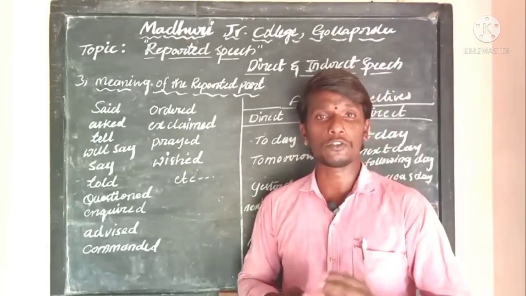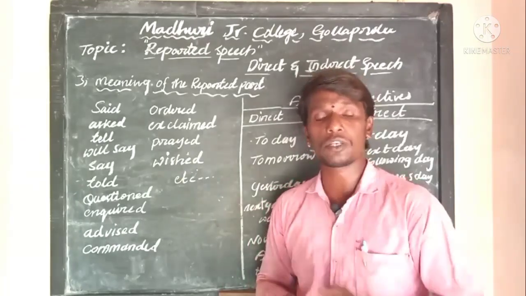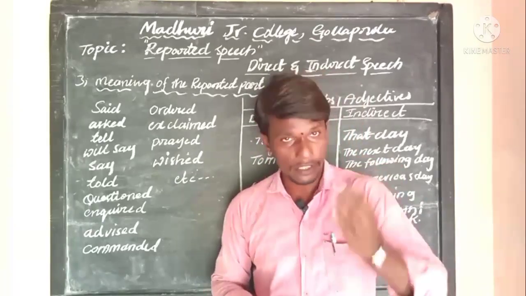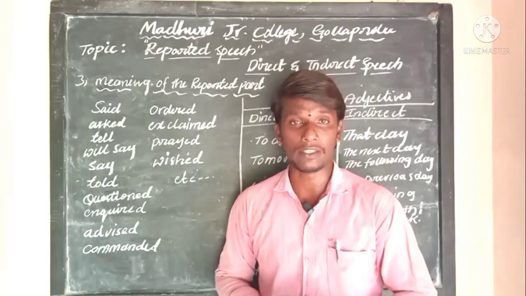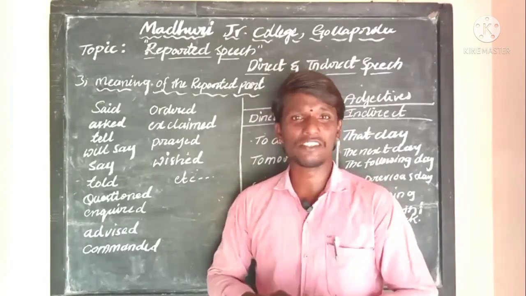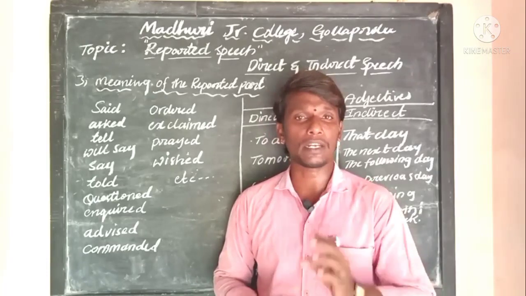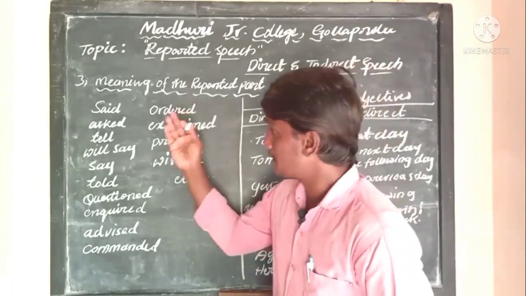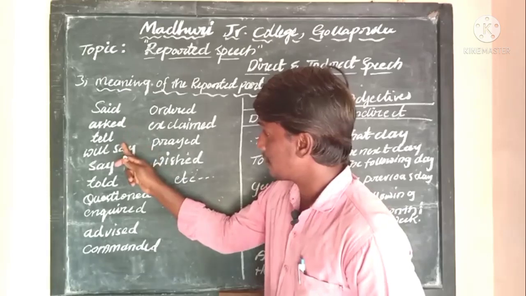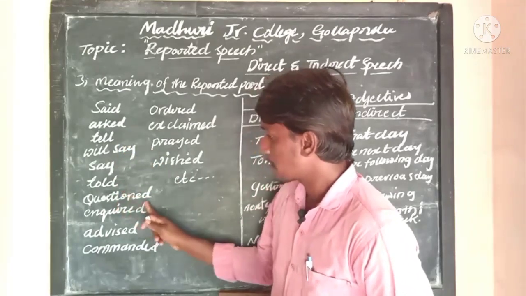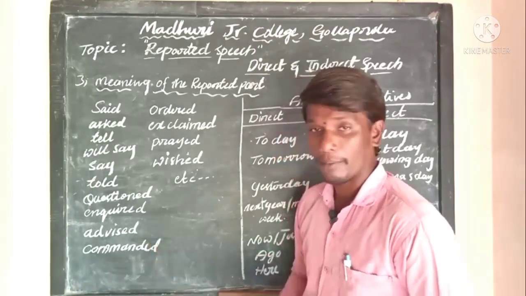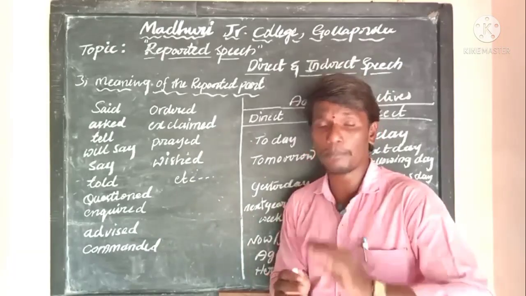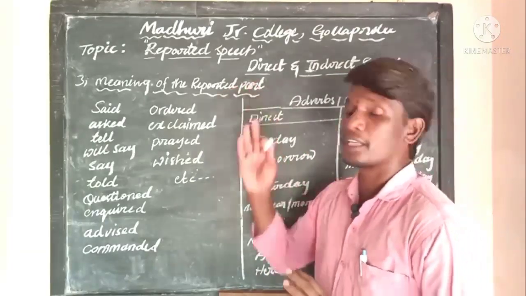If it indicates a suggestion, you can use a reporting verb of suggestion. If it indicates advice, you can change the reporting verb to advised. If it indicates a question, you should write the reporting verb as a question, like asked. So the reporting verb can be written as said, asked, told, questioned, inquired, advised, commanded, ordered, exclaimed, prayed, wished, etc. The reporting verb is purely based on the meaning of the reported part.